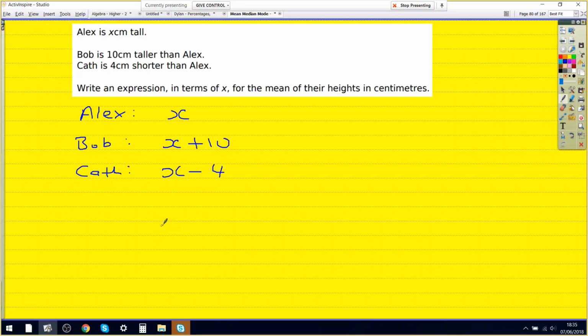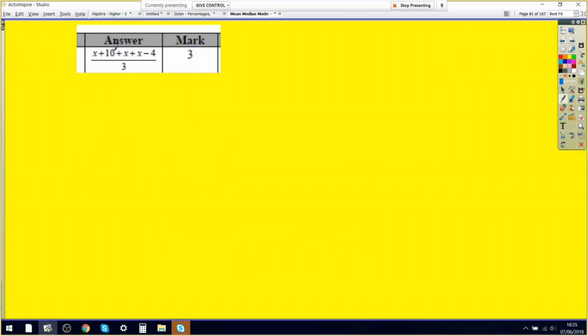An expression for the mean. X plus X plus X plus 10 minus 4, divided by 3. Well done, that's it. Any questions about that? No. X plus 10 plus X minus 4 all over 3. 3 marks.